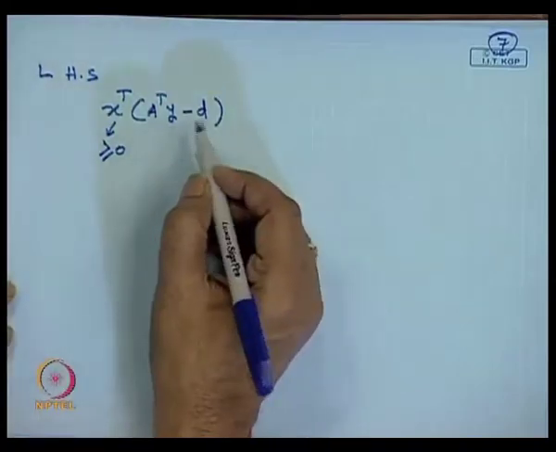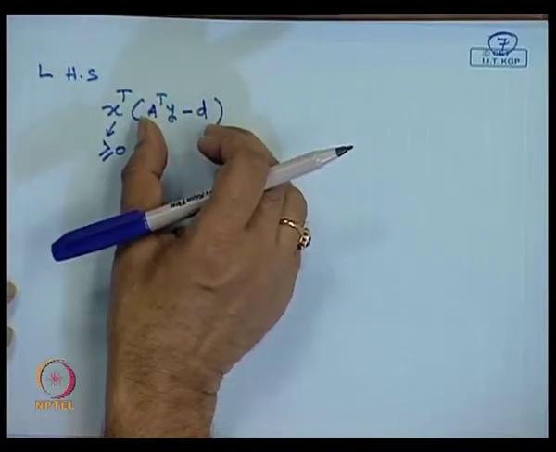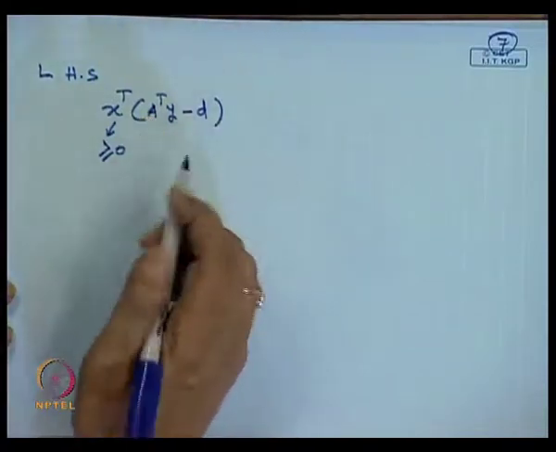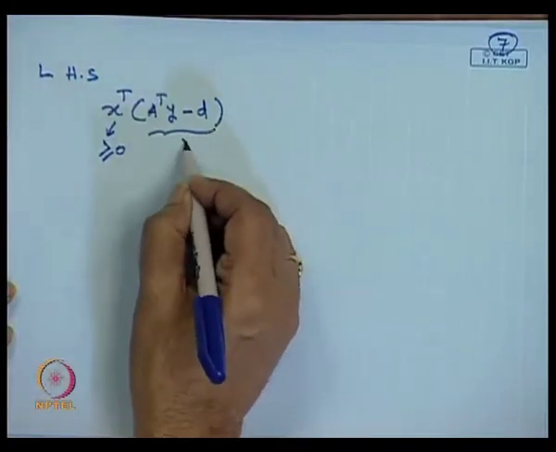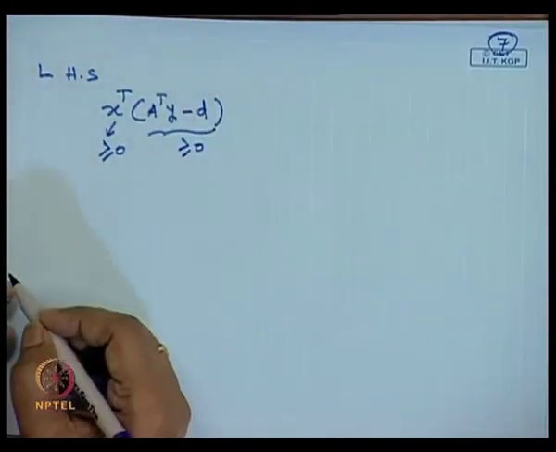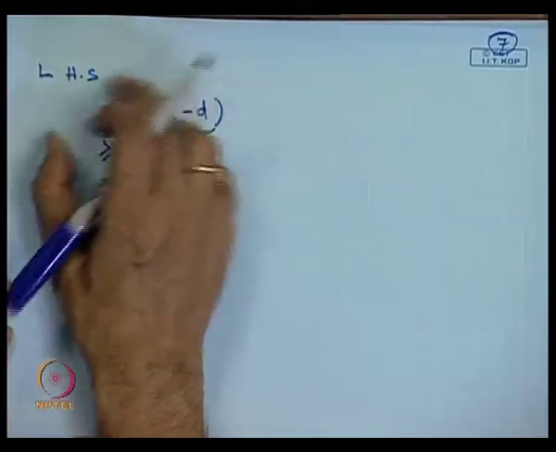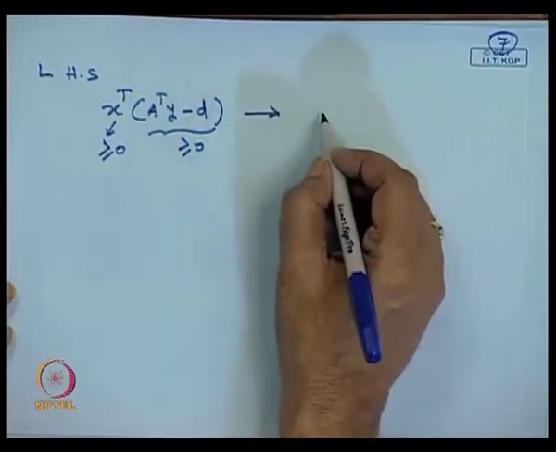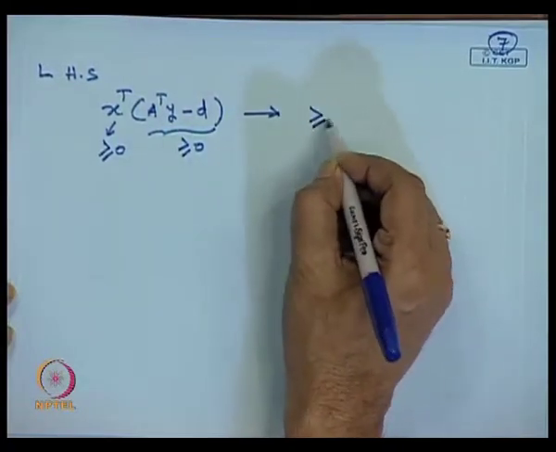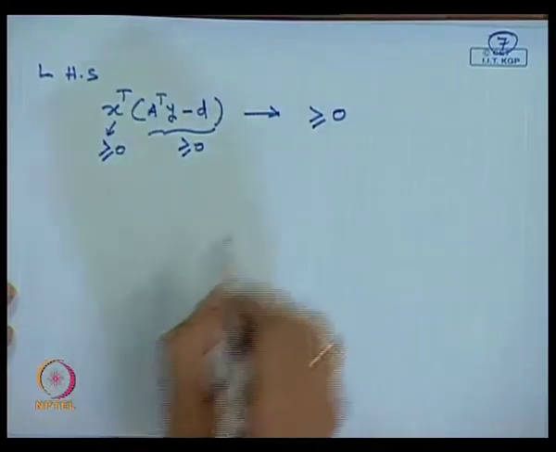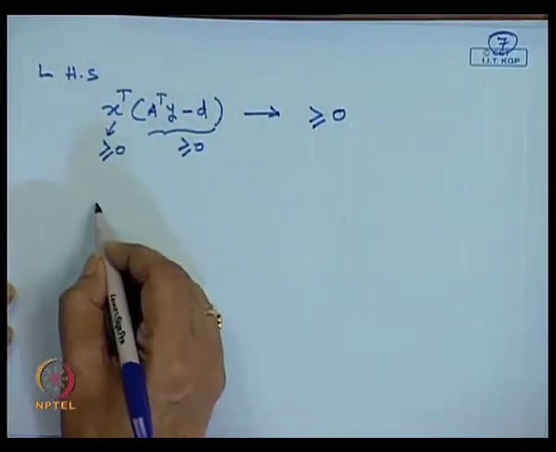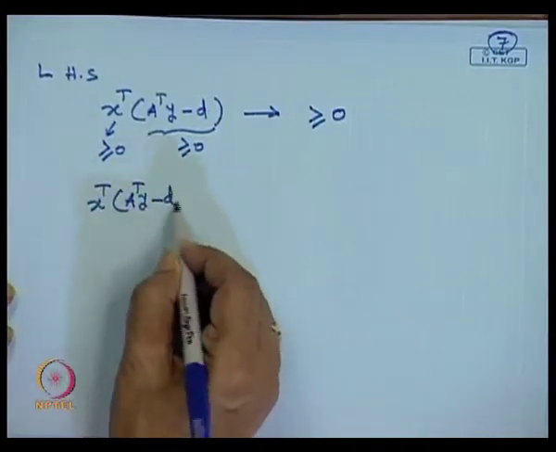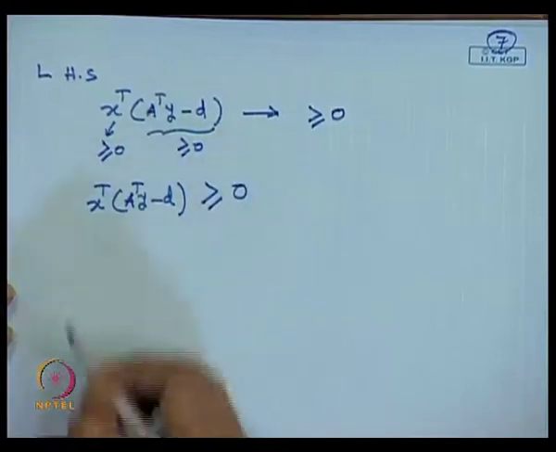Whereas the inequality constraint in the dual problem, this quantity, is greater than or equal to 0. That means I can write that x transpose A transpose y minus D is greater than or equal to 0.